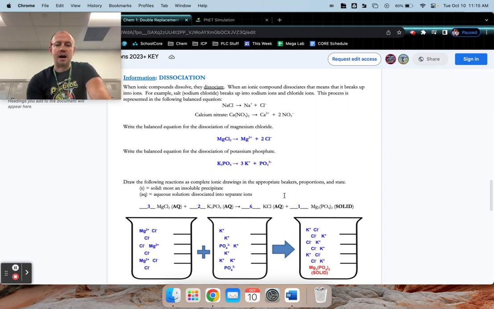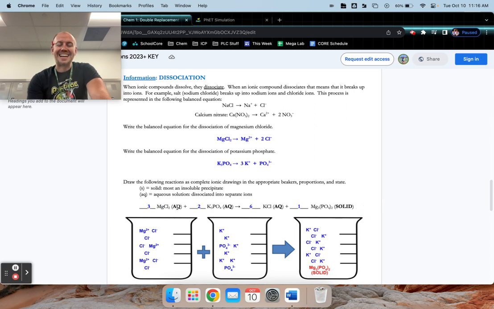But we go through the process by swapping partners, looking at charges, and we're going to draw them down here anyway, so we need to know them. Looking at the charges to put them together, we count each thing, magnesium, and compare it, chlorine, and then compare it, potassium and phosphate, one at a time to balance them.